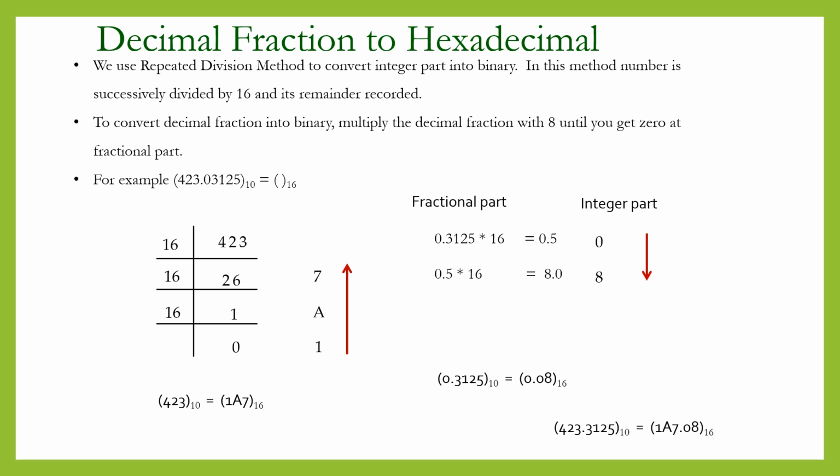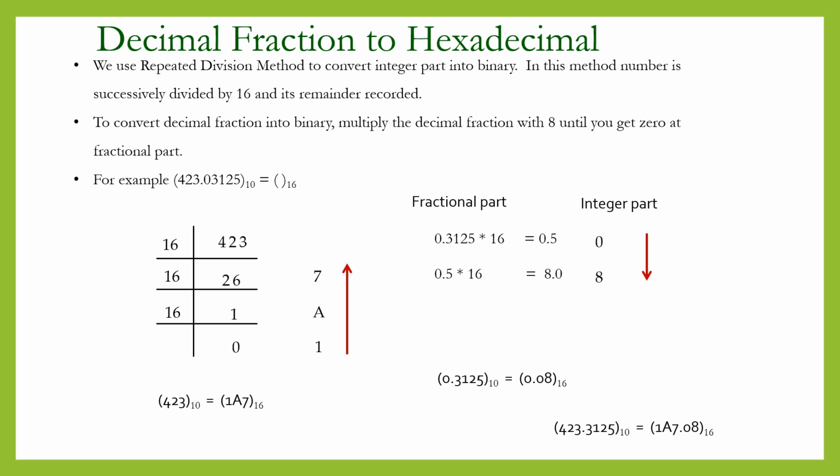For that, we are going to take the integer part, that is 423. It is divided by 16, and we are getting the value as 1A7. And now multiply the fractional part 0.3125 by 16. Answer is 5.0. Integer part is 5. It is recorded, and then 0.5 is multiplied by 16, and answer is 8.0, and integer part is 8.